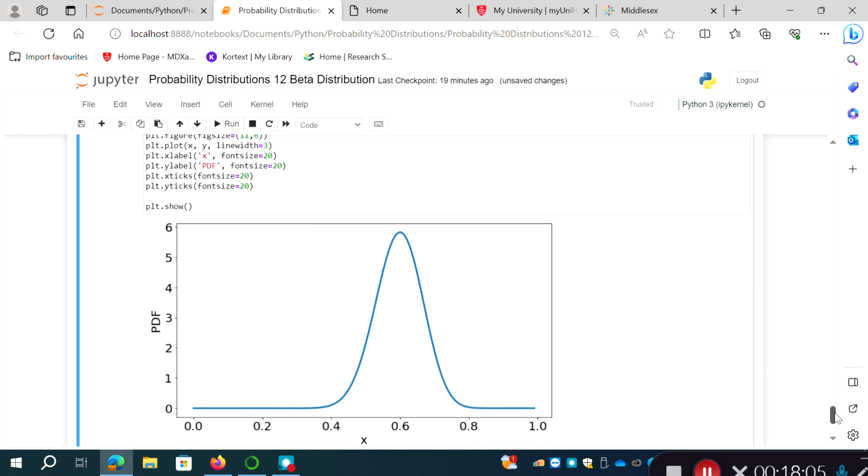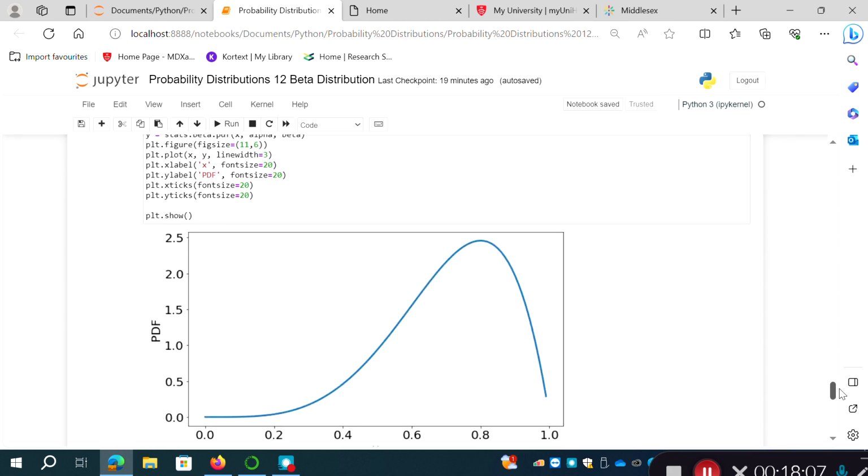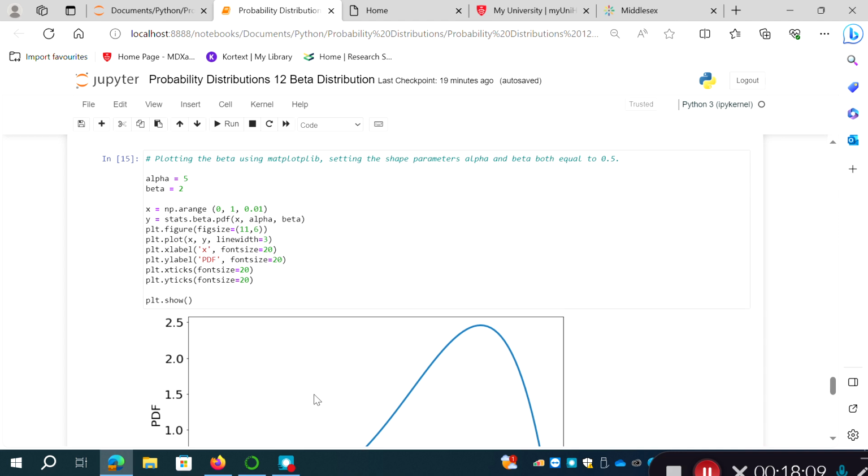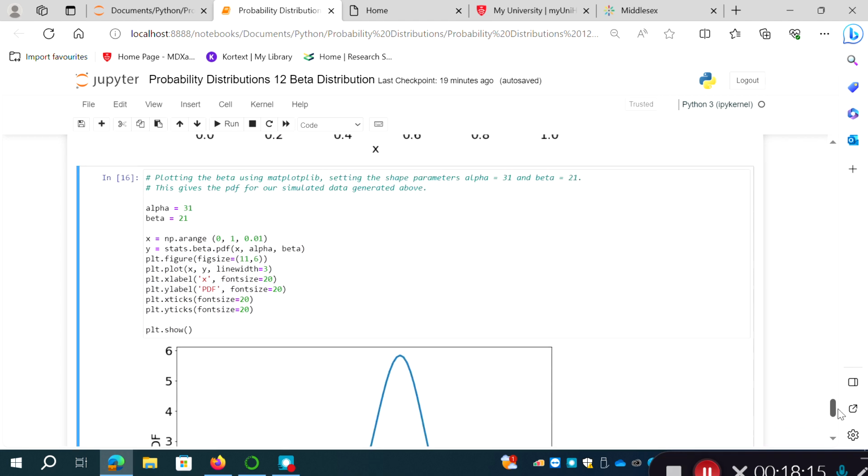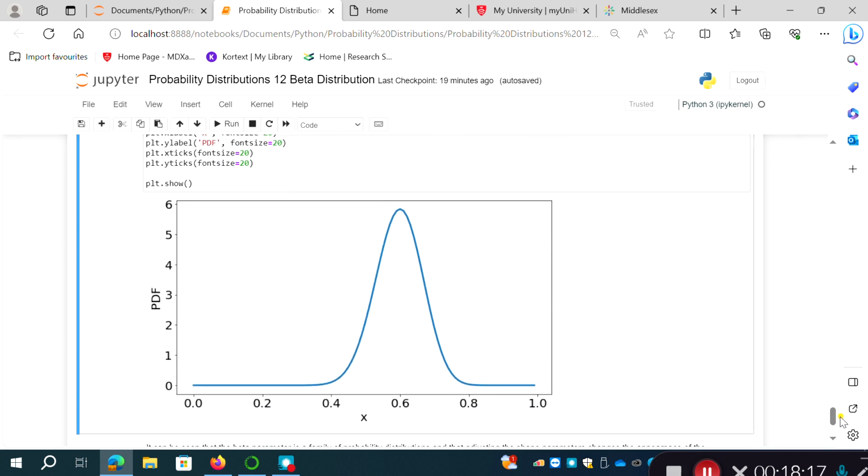As with these other ones where alpha was bigger than beta, it's shifting the distribution, with the higher probabilities at the higher end of the x-axis scale. So it's shifted the peak or the bulk of the distribution higher up the x-axis there.